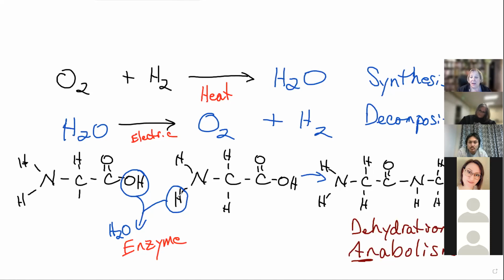Now I can take a different enzyme that, instead of being like pliers that crimp the 2 together, can act like scissors and go snip, snip, snip. So we would take this dipeptide, and the enzyme is going to add in an OH here and an H here, and I'm going to break this apart through adding water.